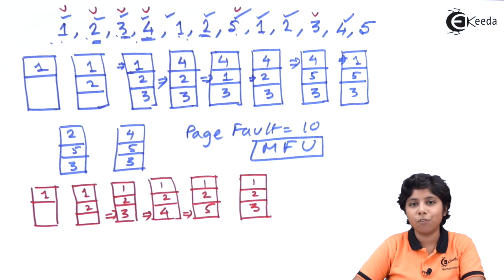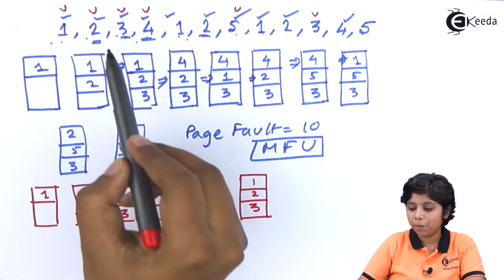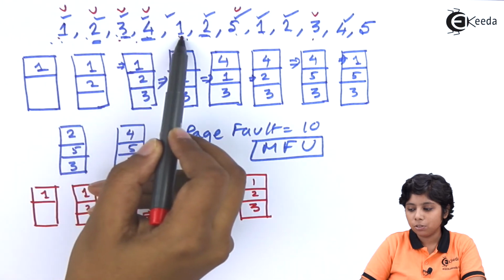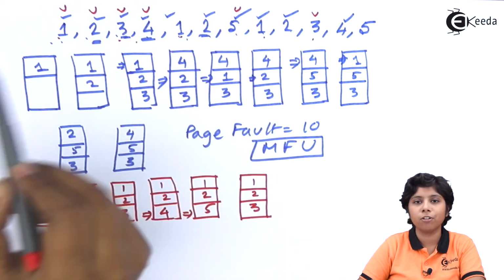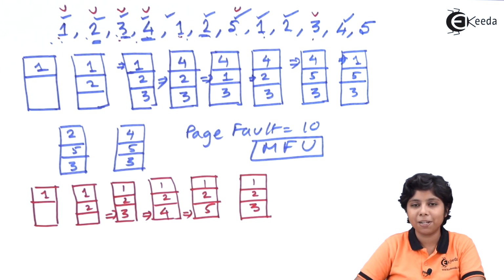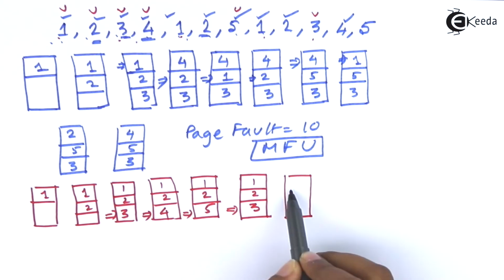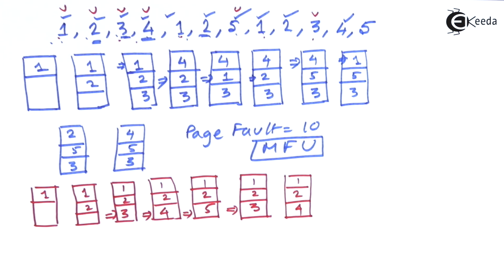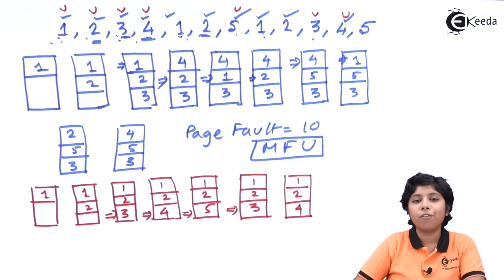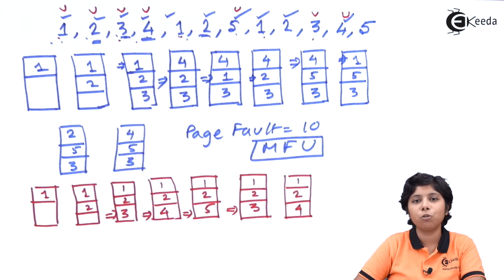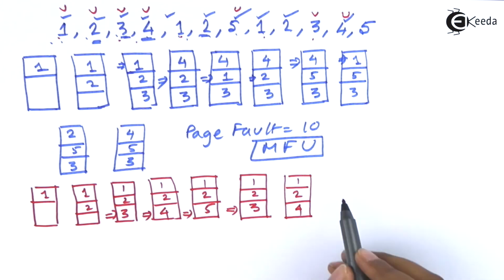Definitely 3 is the least frequently used because its frequency is 2 times, whereas 1's frequency is 3 times and 2's frequency is also 3 times. So we will replace 3 with 4. Now when 5 is coming, obviously 4 will be replaced because 4 is appearing 2 times whereas 1 and 2 are appearing 3 times.